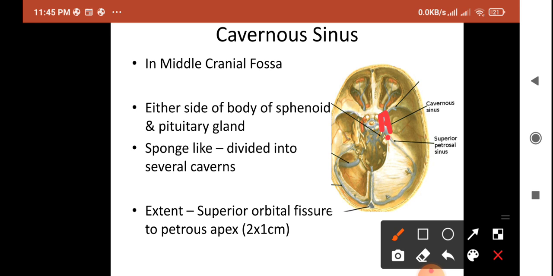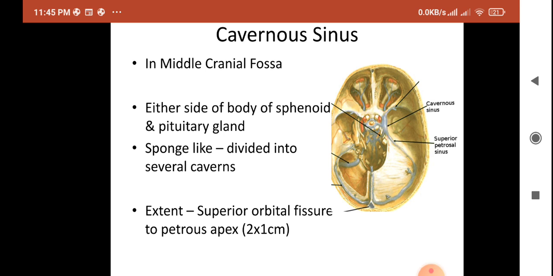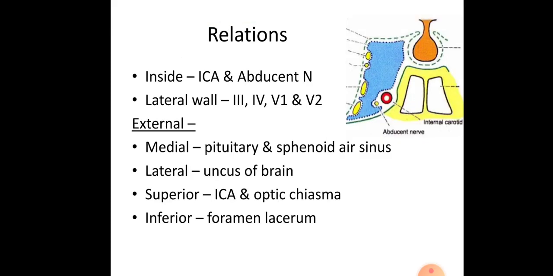Okay, this is the position of the cavernous sinus, extending from the superior orbital fissure to the petrous apex. Then relations. You should know to draw this cavernous sinus, this picture. Any picture from any textbook, but all these features should be there.